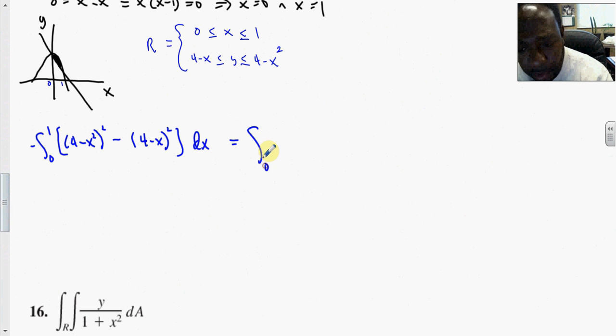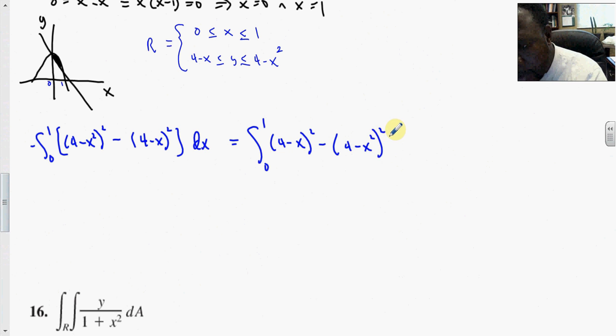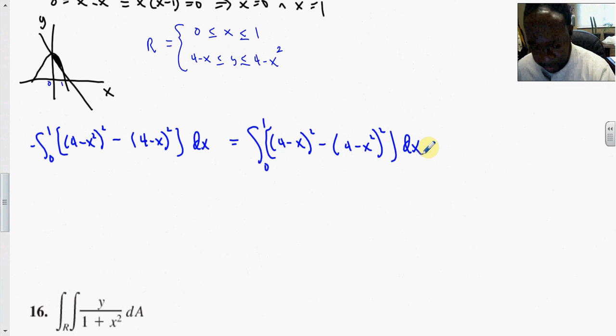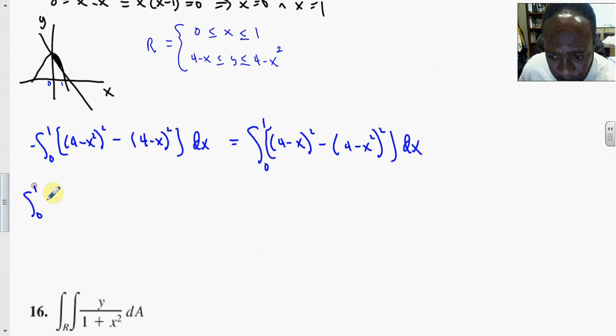So we're going to write this as the integral from 0 to 1. We write this first. So this is 4 minus, just to take care of that negative sign, minus 4 minus x squared to be squared, dx. Simplify that. Integral from 0 to 1.